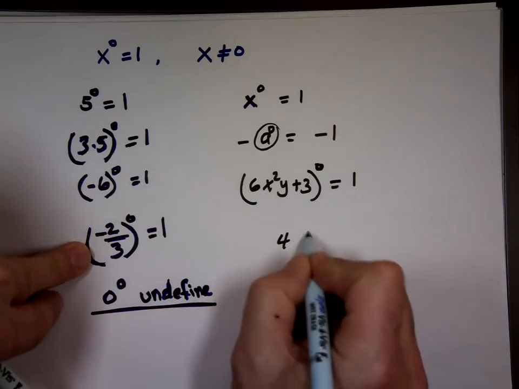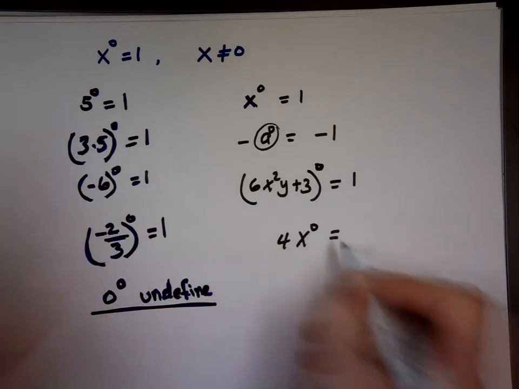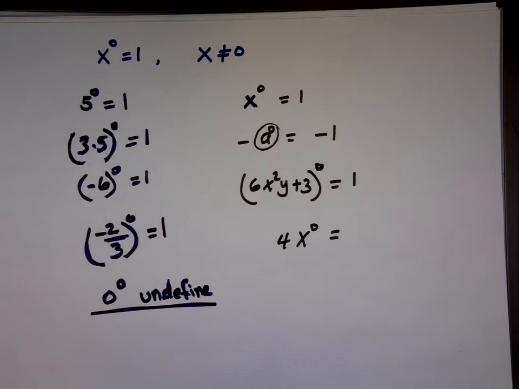Four x to the 0. What do you think? 5. I heard 1, 1x. The 1x is a different one. We'll ignore that. And a 5. Why 1? Leon, he said 1.